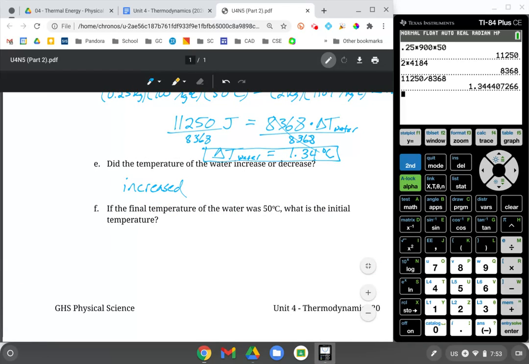And so we need to find what is a temperature that is 1.34 degrees Celsius below 50. And we will get 48.66 degrees Celsius, which is what the temperature of the water was before we added the aluminum.